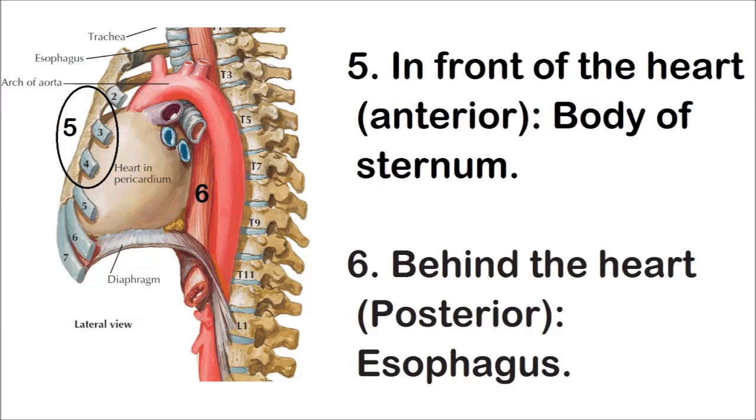So, in relationship, we study the parts or the organs of the body which are present on the right lateral side of that particular organ, left lateral, anterior, posterior, superior, and inferior.